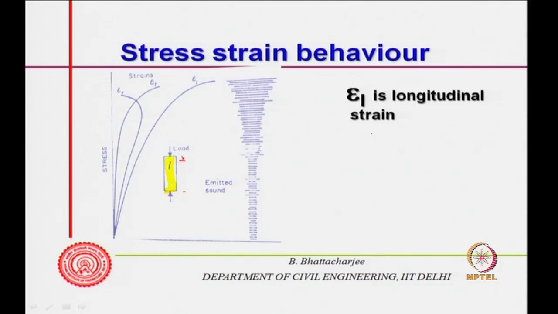Then this is transverse strain, that means if I measure the strain along this direction, that is transverse strain, and there is volumetric strain, because volume changes: the change in volume divided by the original volume. Volume can show a reduction, because on this side there is a reduction and on this side there is an expansion; the net effect is initially a reduction, then there could be an expansion in the volume as such.